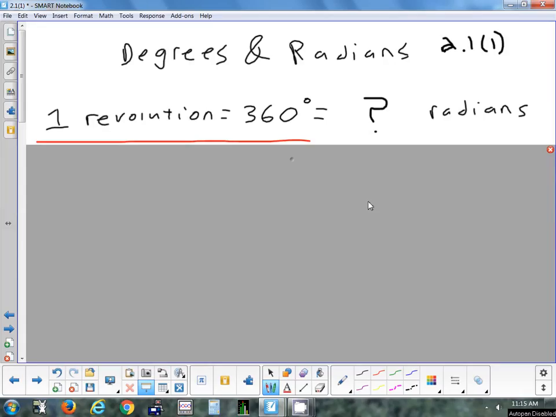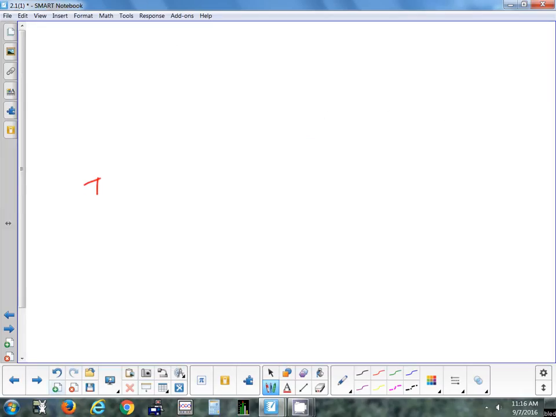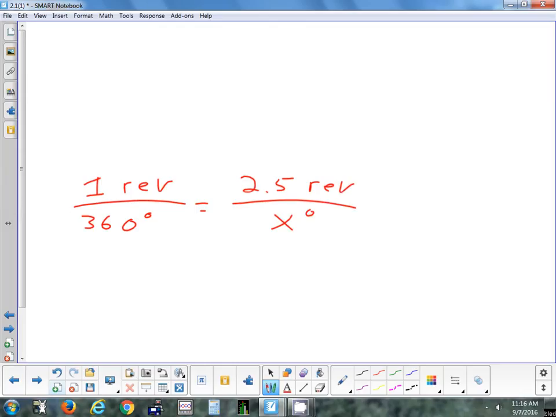If I know in one revolution there's 360 degrees, I could say to you, how many degrees in 2.5 revolutions? All you have to do is set up a proportion. So if in one revolution there's 360 degrees, 2.5 revolutions, how many degrees?